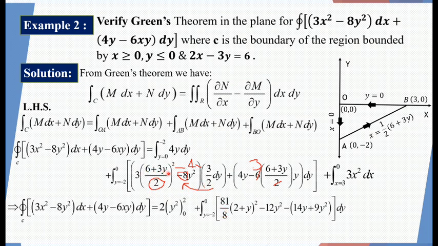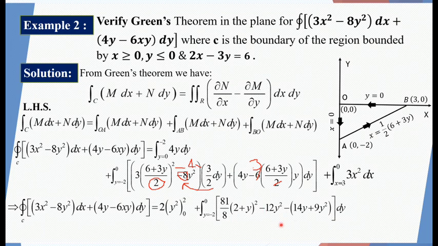So it is (2 plus y) whole square remains, minus 4 times 3 is 12y square as it is, plus this will be 6 times 3 is 18y. This is 4y minus 18y, so it will be minus 14y, and minus 3 times 3 is 9y square. So taking minus outside, this is plus 9y square dy.